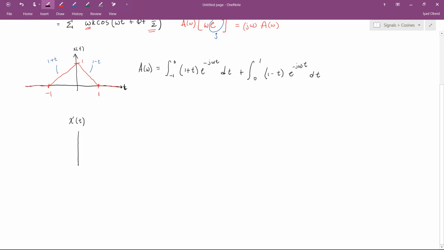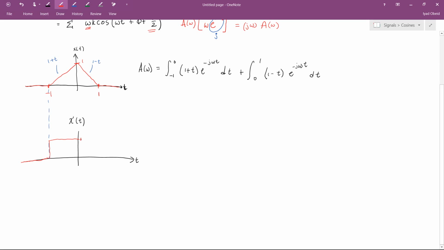Well, what would the derivative of x of t look like? The derivative of x of t is pretty straightforward. On the range from negative infinity to negative 1, x of t is just a flat line, so its derivative is 0. On the range from negative 1 to 0, x of t has a constant slope of 1, so therefore it's going to have a value of 1, like that.